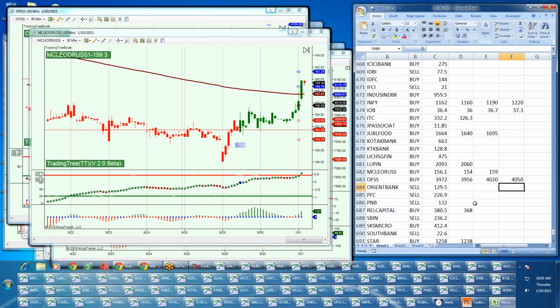So that's McLeod. So 159, the first profit is done. The next profit will be at 161. You can trail your stop loss to 155.